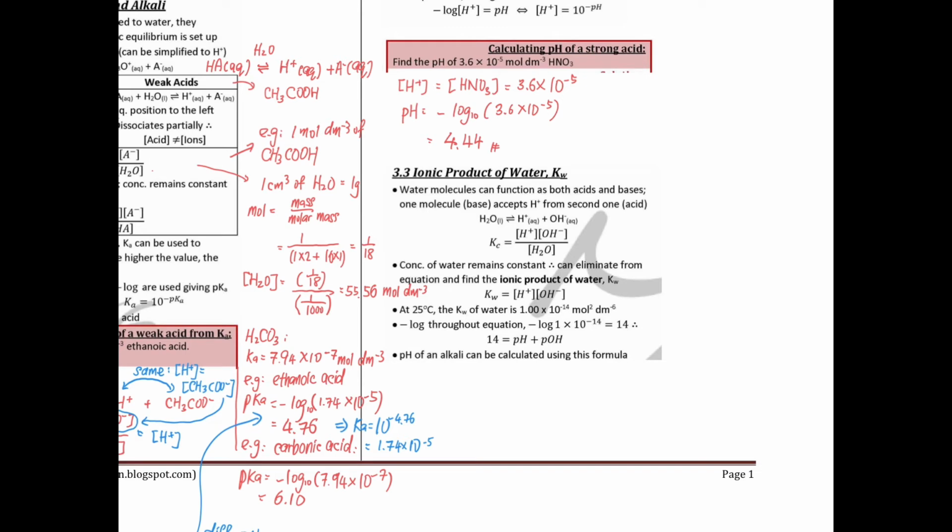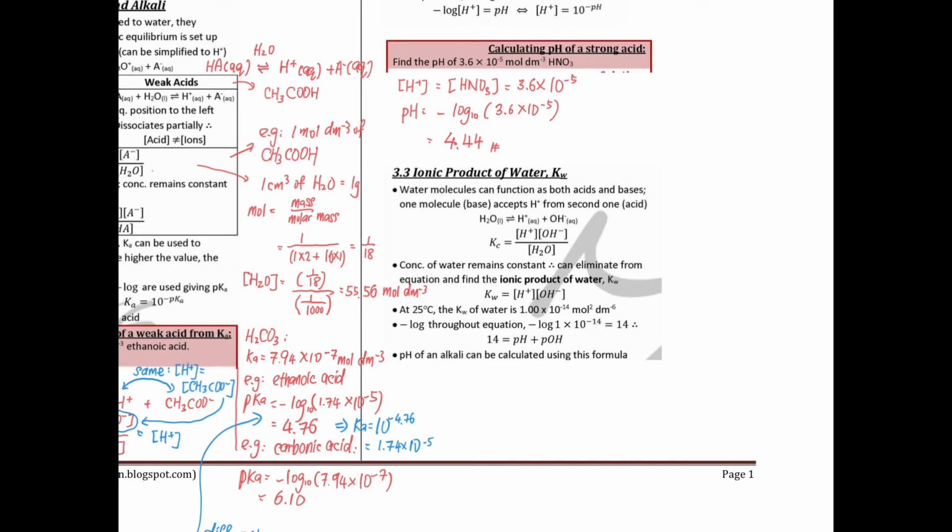Why? Because to function as an acid, you have to donate H plus. To function as a base, you have to ionize and form OH minus. So water can do that.